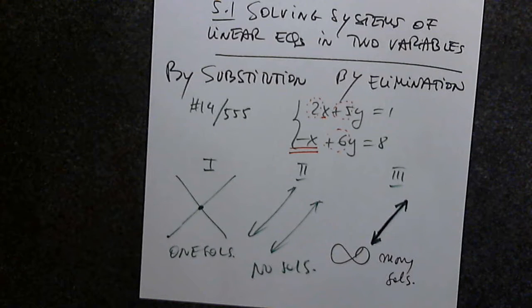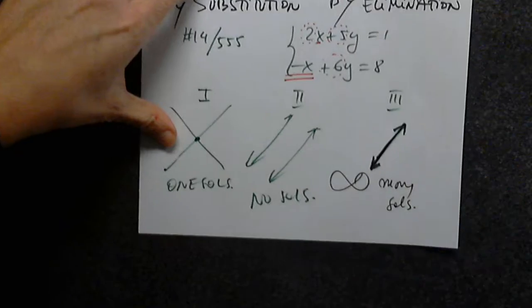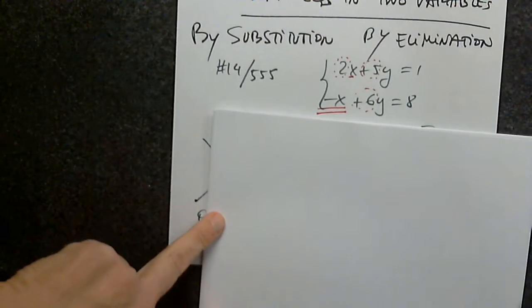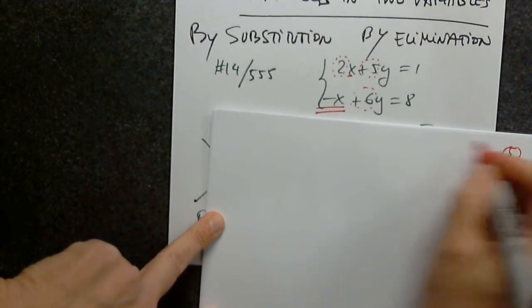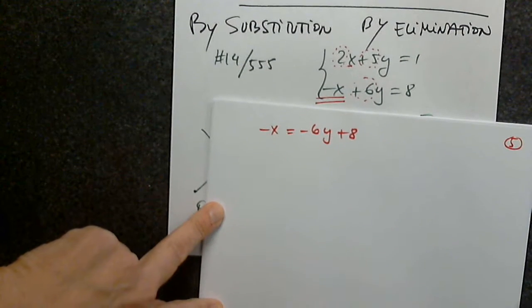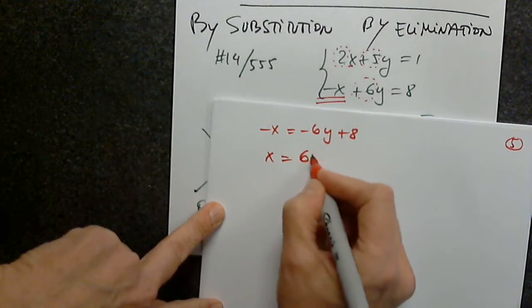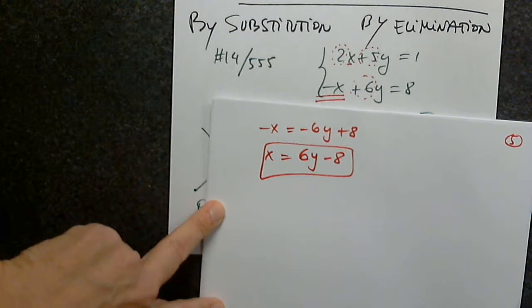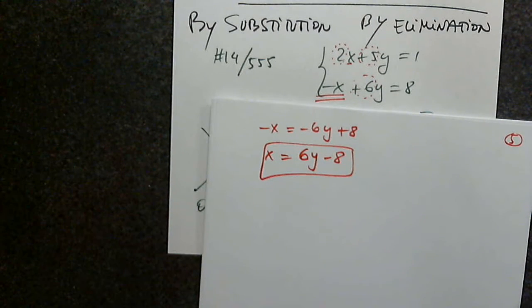So therefore, from the second equation, I will get x. So negative x equals negative 6y plus 8. I divide both sides by negative 1, or multiply both sides by negative 1. Just a linear equation, right?